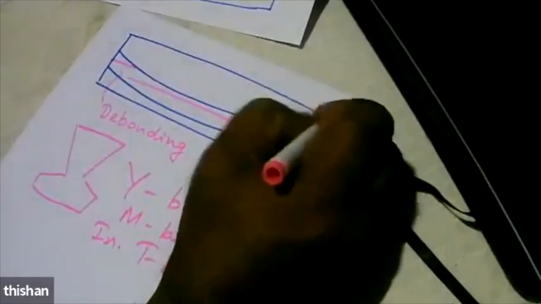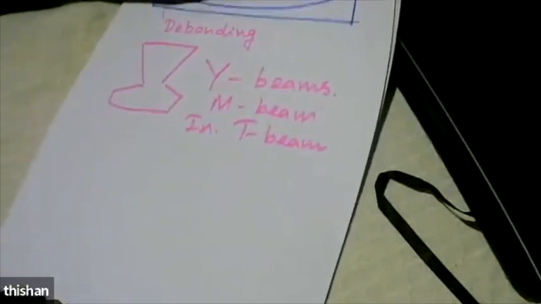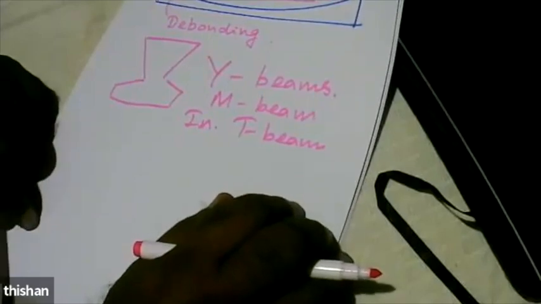So prestressed concrete, if you use this way, is not a very difficult subject. The only thing is you have a lot of calculations to be performed, but they are standard calculations.